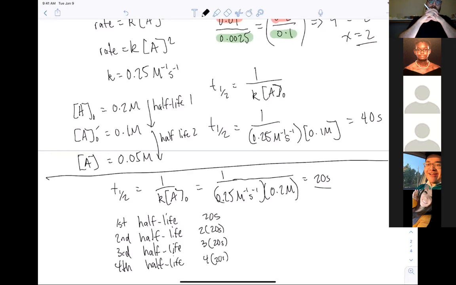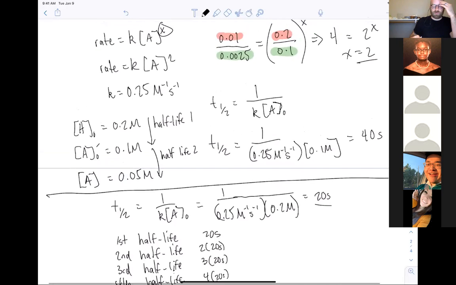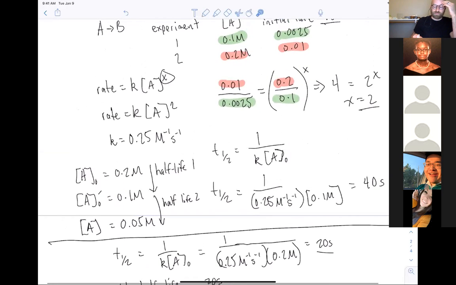Why is the equation to work out the second half-life the same as the equation to work out the half-life for experiment 1? Like, I think it's still 1 over 0.25. It's the context that it's asking for. The way I would have worded the question would have been, how long does it take to go from 0.2 molar to half of its original concentration?